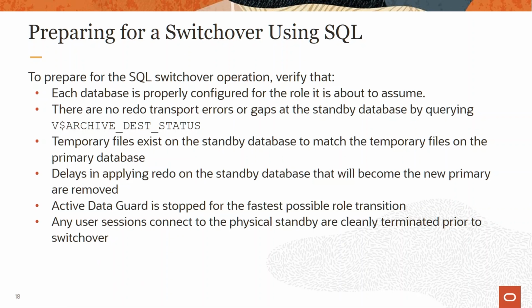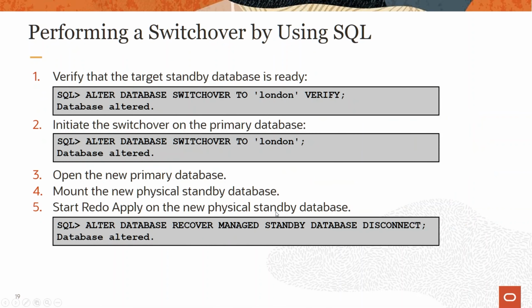Okay, as a part of the practice of 14-2, that's what you're going to see. Before that, we have performing a switchover by using SQL. We have a SQL command corresponding to the validate database command: ALTER DATABASE SWITCHOVER TO London VERIFY.